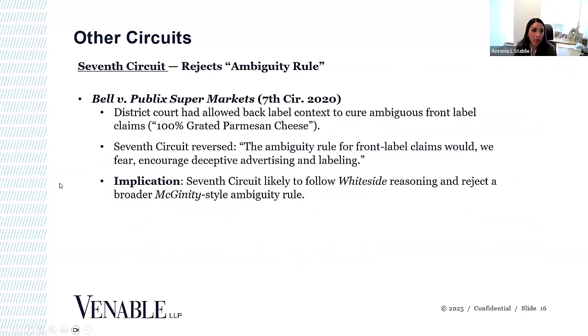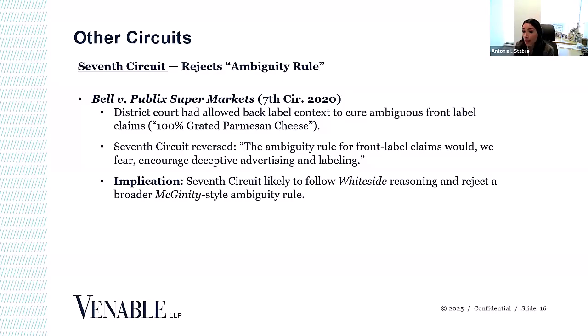Yeah, that's exactly right. So the Seventh Circuit is interesting too, because here we had a rejection of an ambiguity rule before McGinity and Whiteside even set out the ambiguity rule. In the Seventh Circuit, we have this Bell versus Public Supermarkets case where the district court had crafted its own ambiguity rule and said that you can look to the back label to cure an ambiguous front label. And there the claim was 100% grated Parmesan cheese.